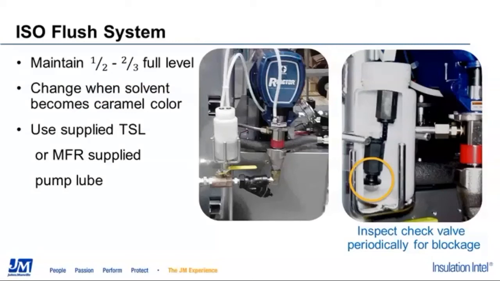And then we want to make sure that we're filling that up 1/2 to 2/3. There is a natural increase as the iso weepage starts to dilute the pump lube, so we don't want to fill it all the way to the brim, and make sure we're using the appropriate TSL or your supplied pump lube from us, which is called pump lube and can be purchased from Damon in the parts department.